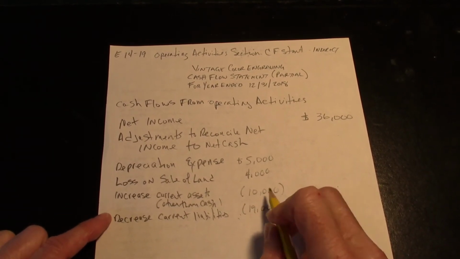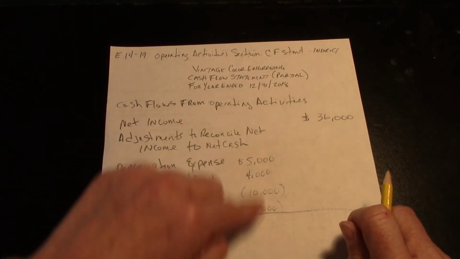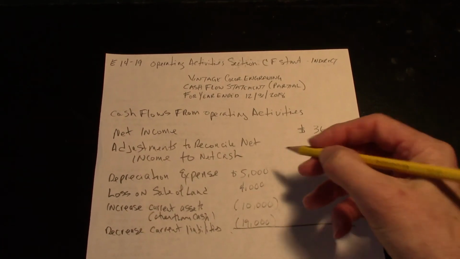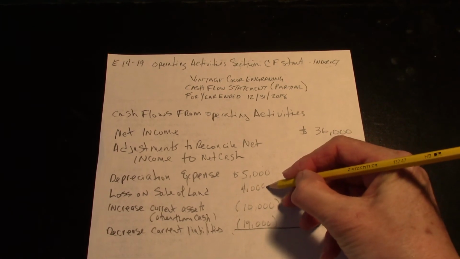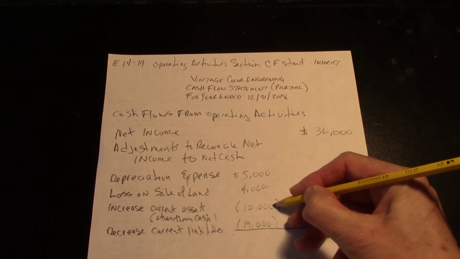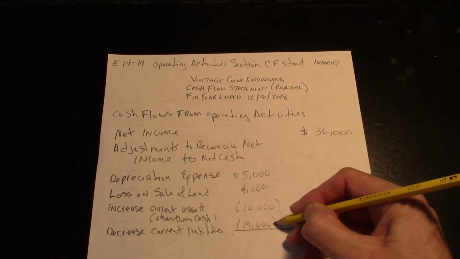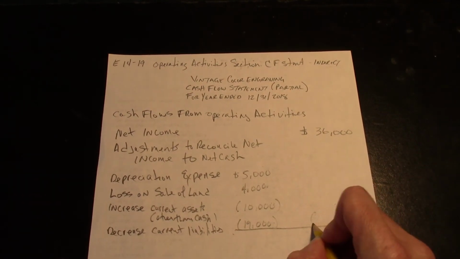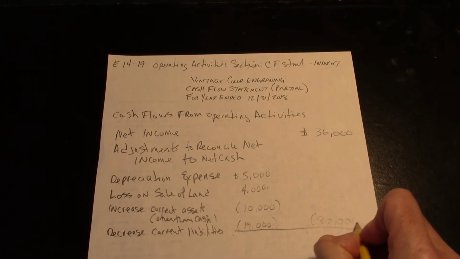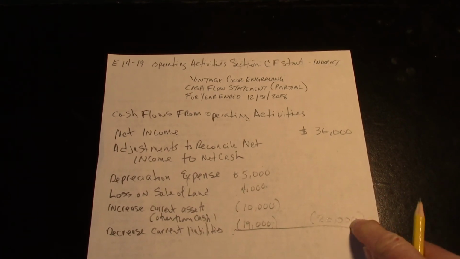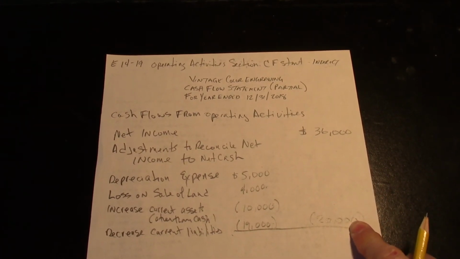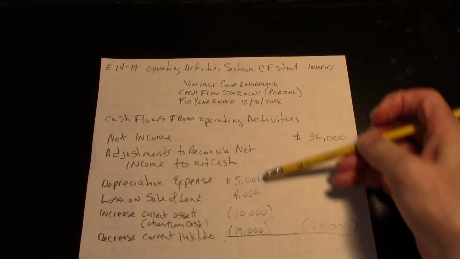So now, I'm going to total these, right? So 5,000 plus 4,000 is 9,000, minus 10,000 is going to be a negative 1,000, minus 19,000 is going to be a negative 20,000. All right, so this is the cash flow total of these.